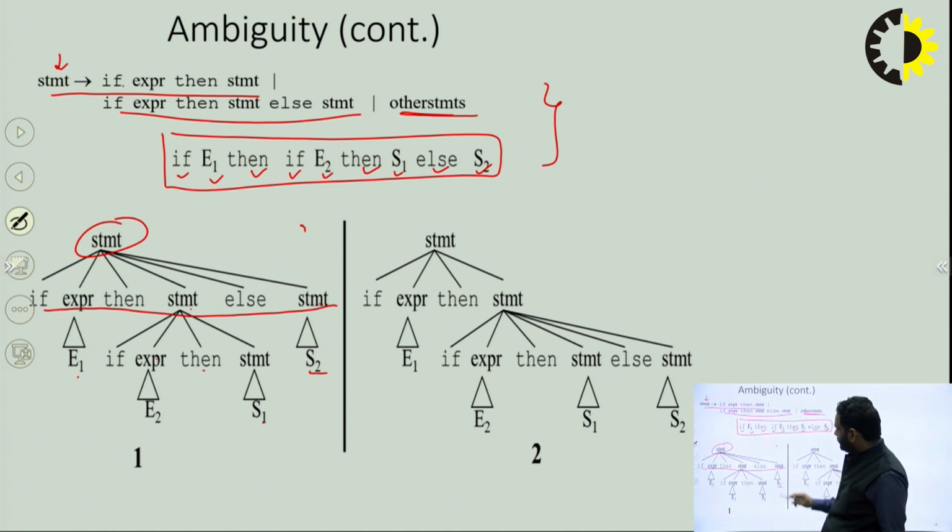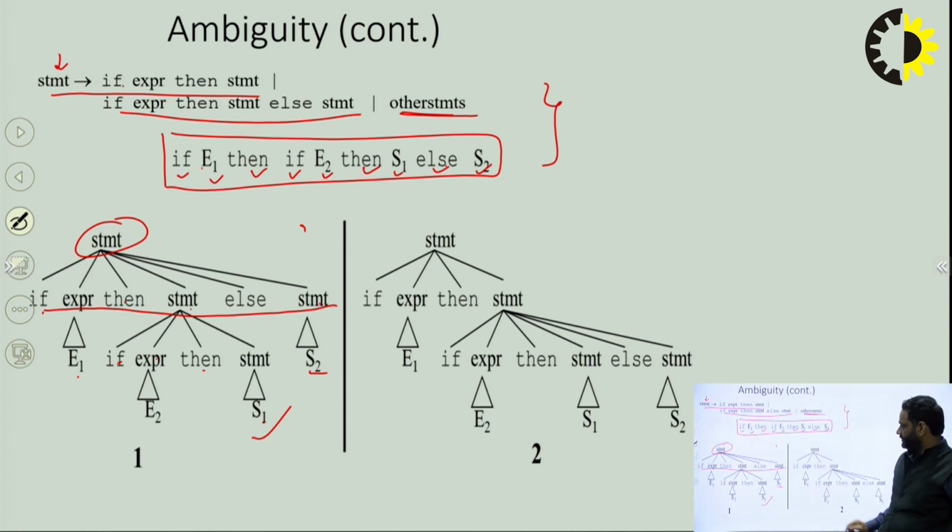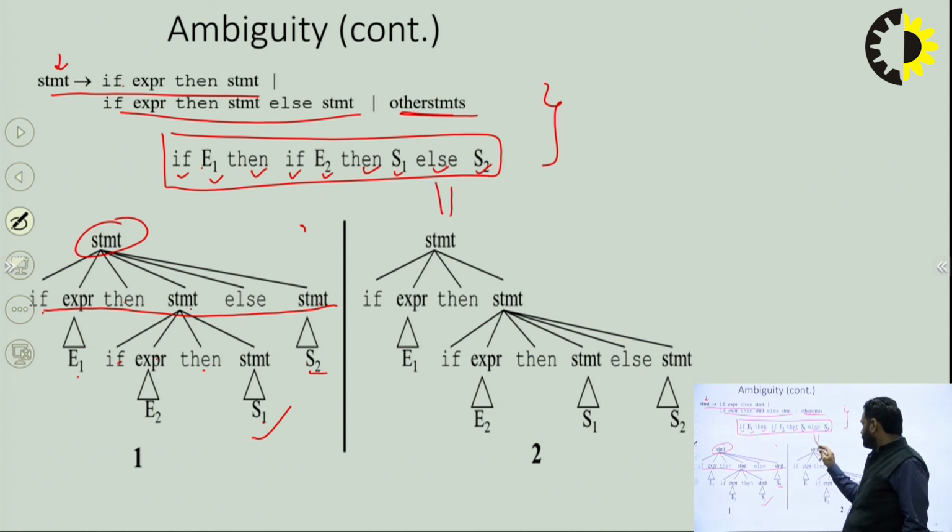So this is how we get the given string: if E1 then if E2 then S1 else S2. So this is the right parse tree of the given string.